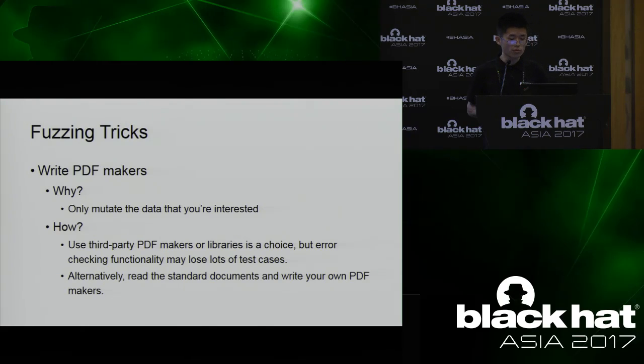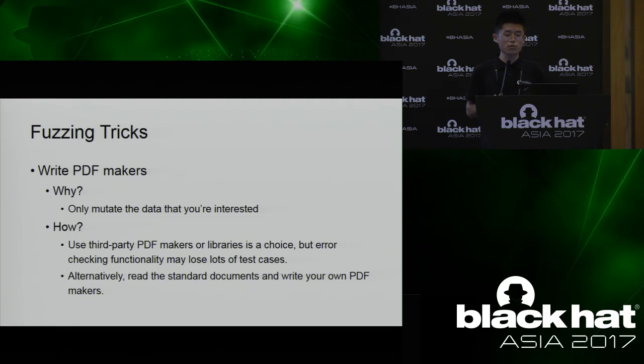So now let's move to the next topic, fuzzing tricks. The first one is to write PDF makers. Generally speaking, a PDF is made up of plain text and binary data. To make our fuzzers more efficient, we should only mutate the part that we are interested in.